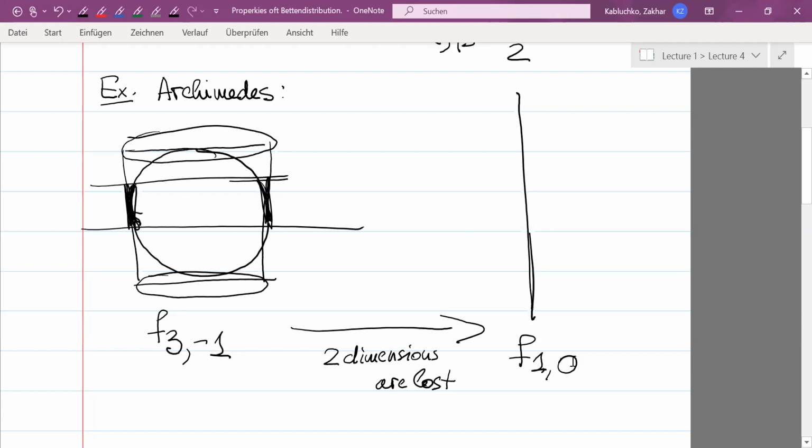And what is F10? It's the uniform distribution. So the projection is the uniform distribution here.